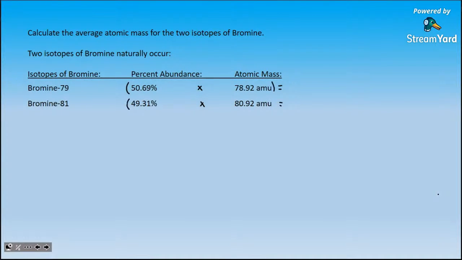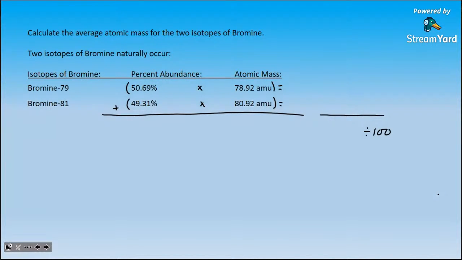And I work it the same way as the previous one, but instead of rewriting everything out, because it's in this nice little table, I can set it up as such, but I'm still going to put it into my calculator as open parentheses 50.69 times 78.92, close parentheses, plus open parentheses 49.31 times 80.92, close parentheses, and hit enter.